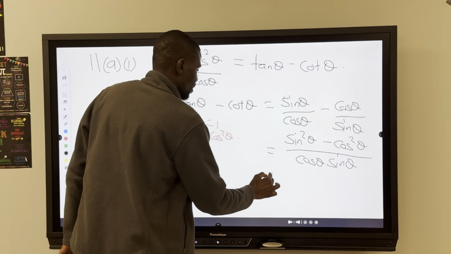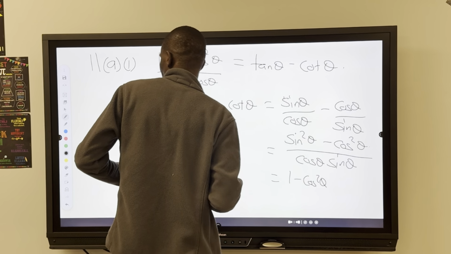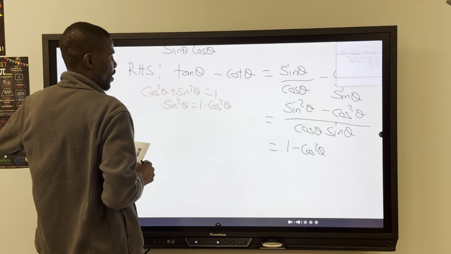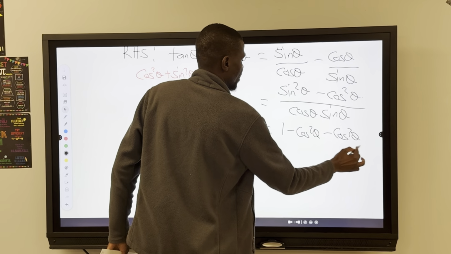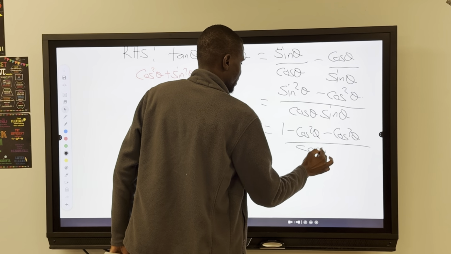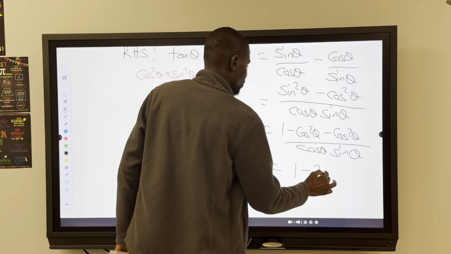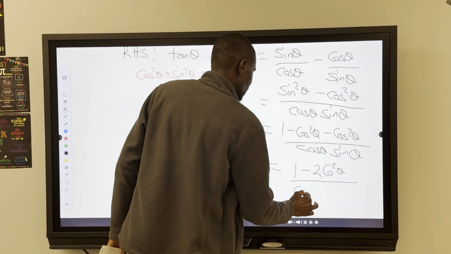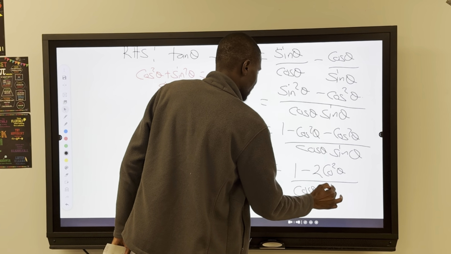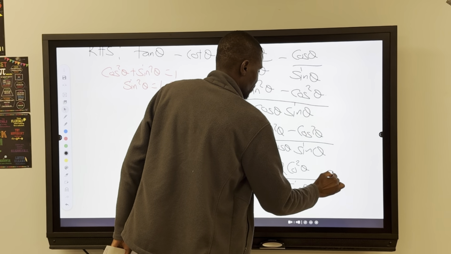So now we have 1 minus cos squared theta minus cos squared theta over cos theta sine theta, which is equal to (1 minus 2 cos squared theta) over (cos theta sine theta), right? So we are done.